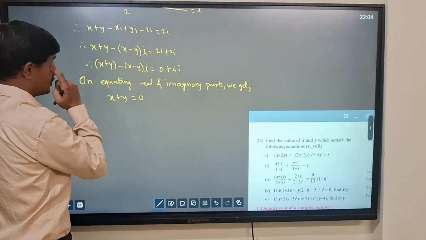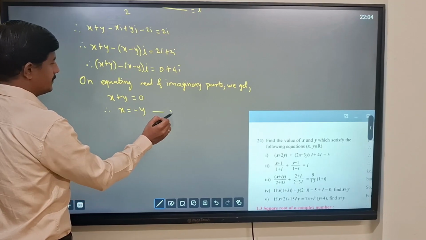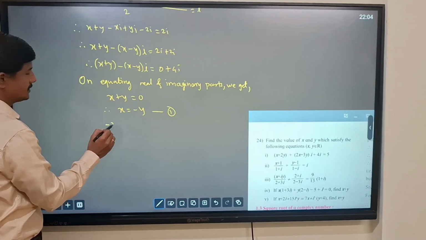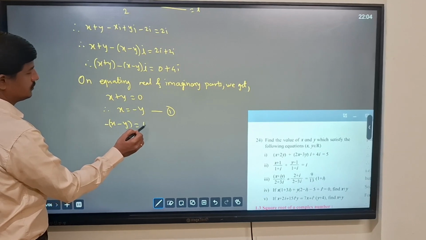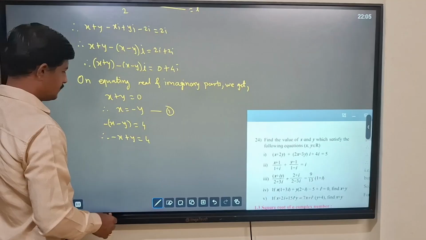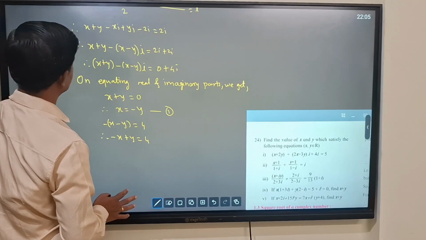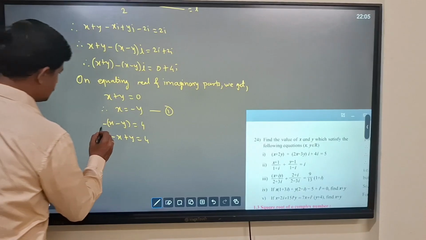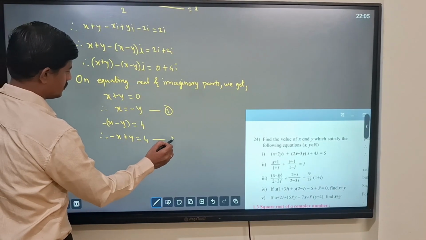Okay, therefore x is equal to minus y, and second is minus x, bracket minus y, is equal to 4. So this becomes minus x plus y is equal to 4. Oh, I think something is, minus x plus y, x is minus of minus y.